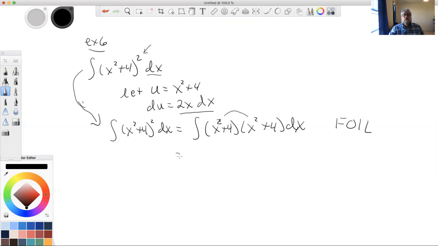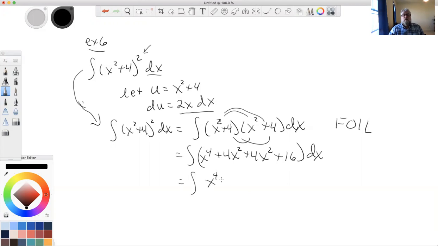So x to the 4th plus 4x squared plus 4x squared plus 16. And we'll combine the two middle terms, the cross terms. Now we can do this individually, because x to the 4th, we can integrate that.